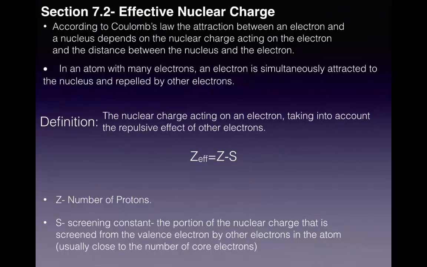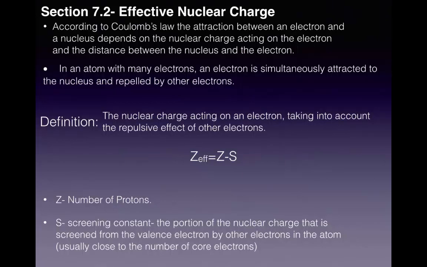That is the portion of the nuclear charge that is screened, I often say shielded, from the valence electron by other electrons in the atom. Now, the screening constant is normally just the number of core electrons, the number of electrons closer to the center of the atom that prevents the valence electrons from being attracted to the nucleus.